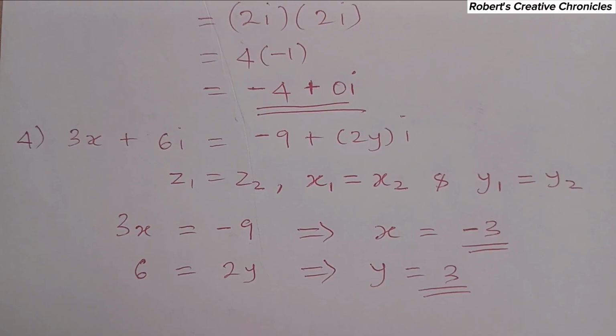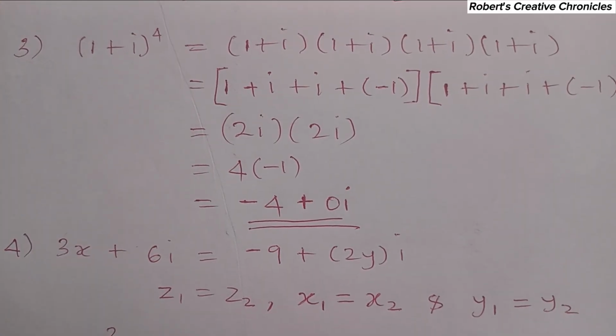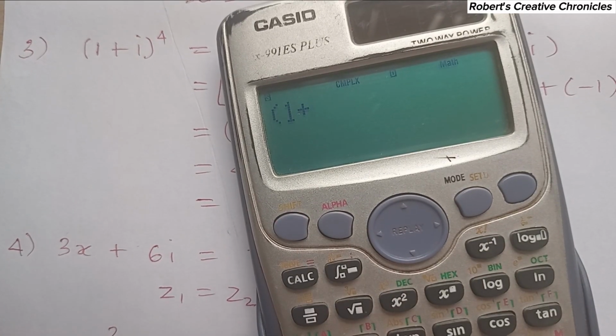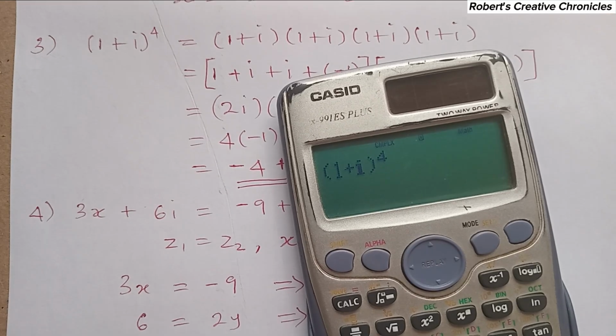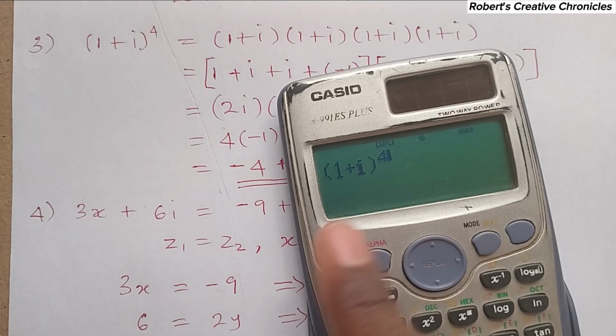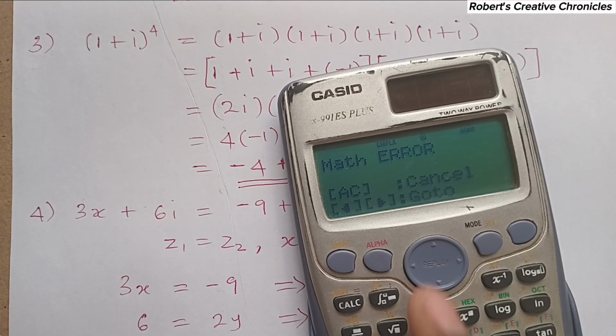So that's it. And this one, you can also cross-check it using your calculator. You say 1 plus i. And in this one, if you put the power of 4 directly like it is here, you will not get the answer. It will just give you an error.